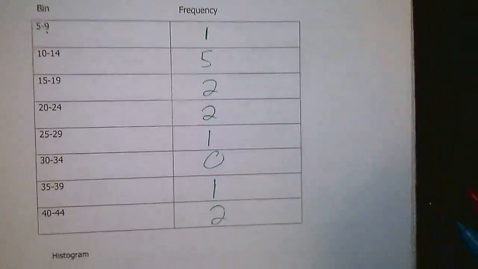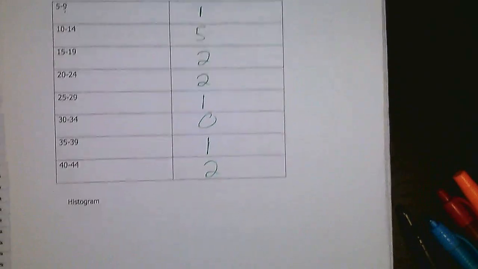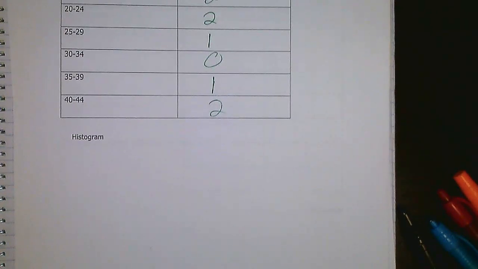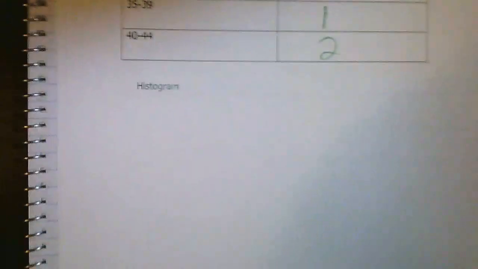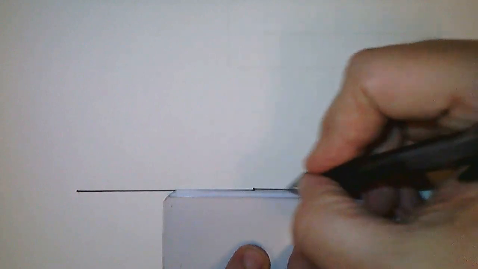And now we're going to turn this, I don't think I can get the whole thing, but we're going to turn this into a histogram. So I'll just do it back to this bottom section. It looks like a bar graph, pretty similar to a bar graph.